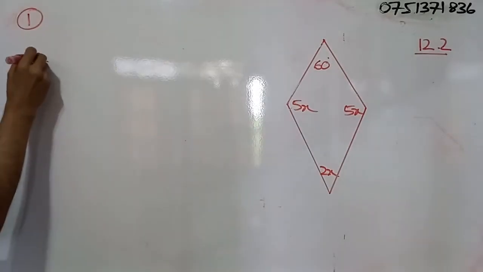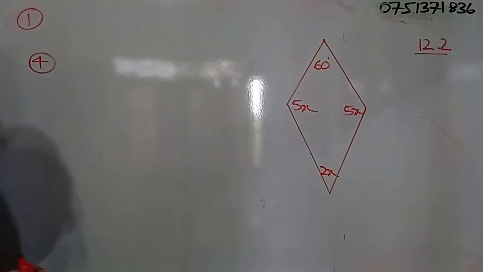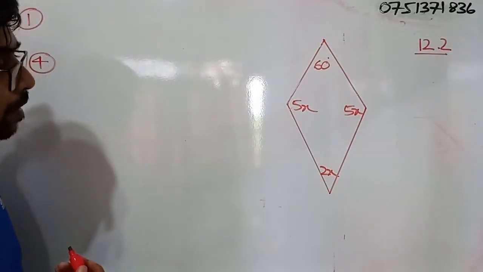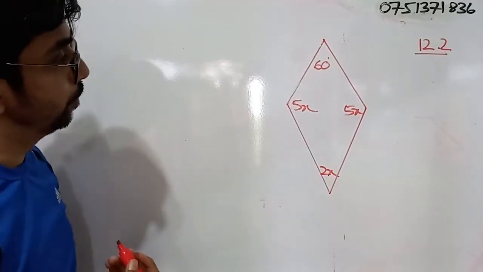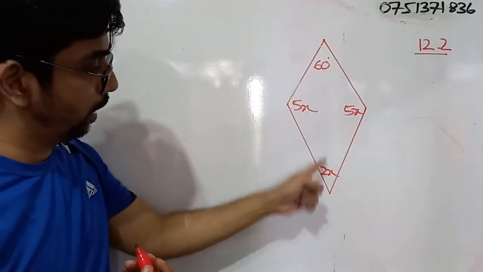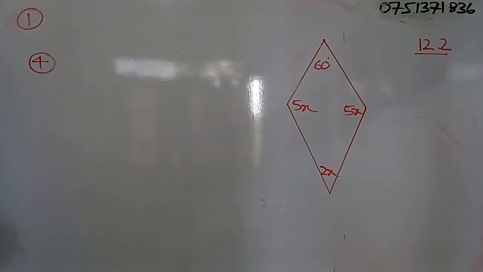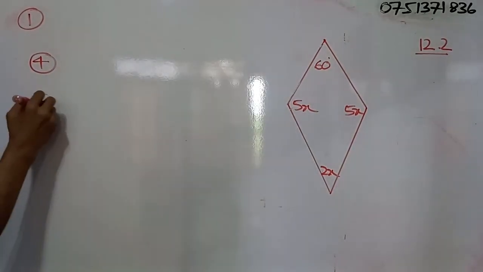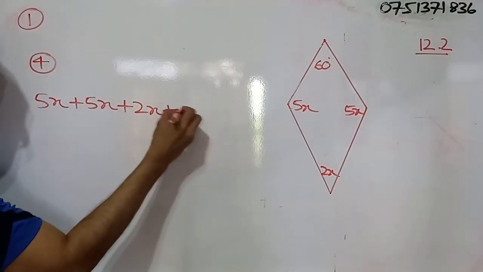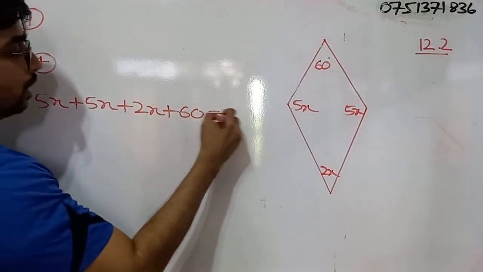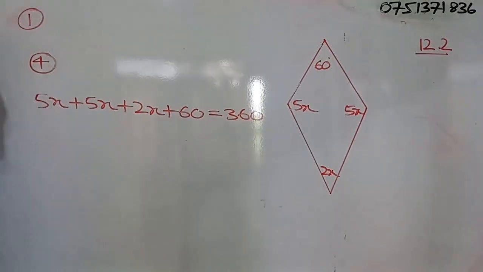Right, part 4. So here also we have a quadrilateral. We know this angle, which is 60 degrees. So we have to calculate these 4 angles. So we can write 5x plus 5x plus 2x plus 60 is equal to 360.